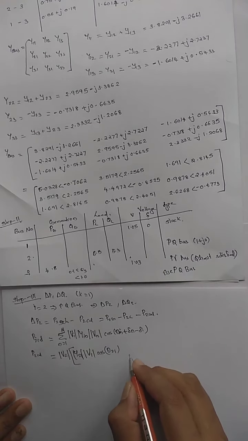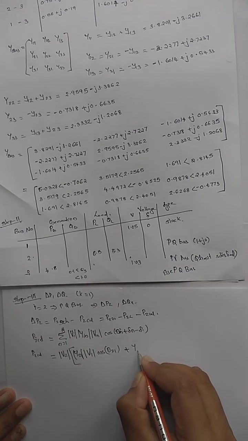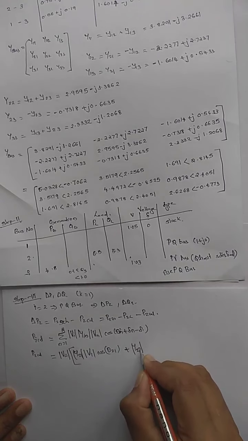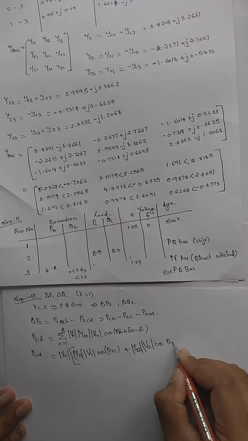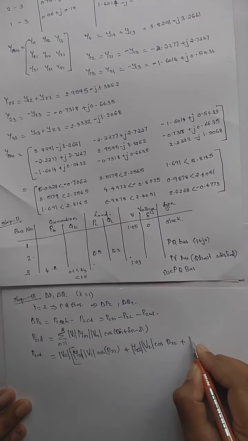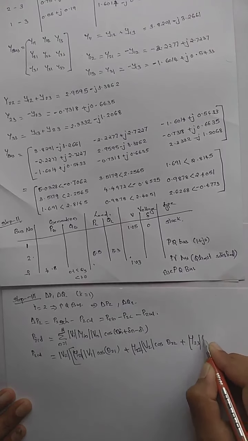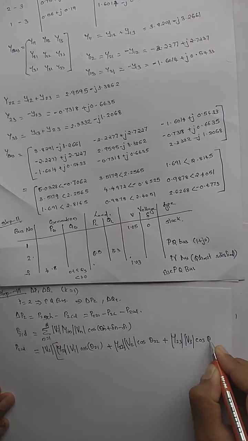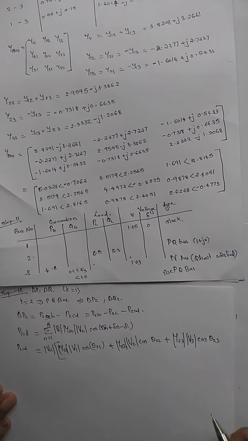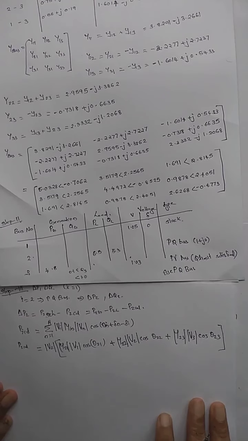Plus Y22 V2 into cos theta 22 plus Y23 V3 into cos theta 23. So this is our equation for P2 calculated.